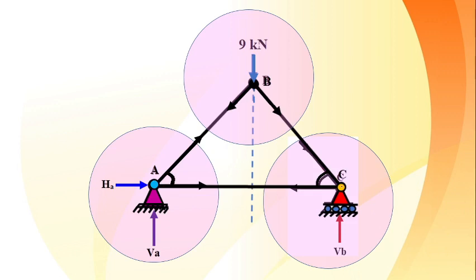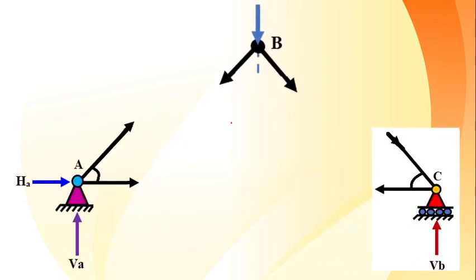Here VC, force in CA, force in BC. So this is the force in AC, force in AB, this is force in AB, this is force in BC, this is force in CA. Is it okay? This is how I have drawn the free body diagram of each and every joint.